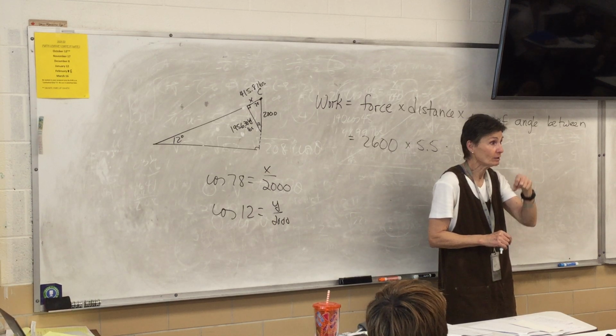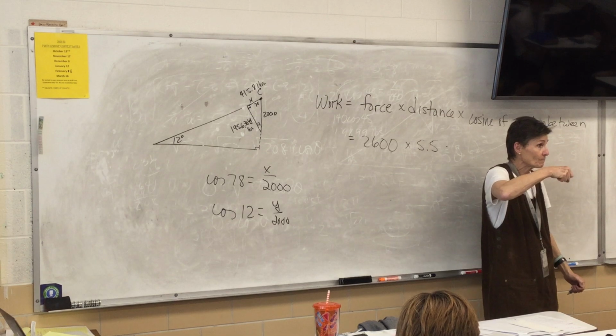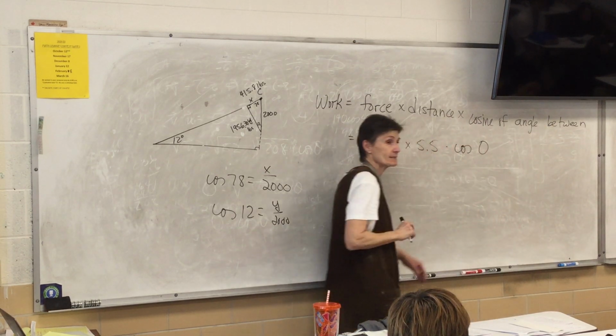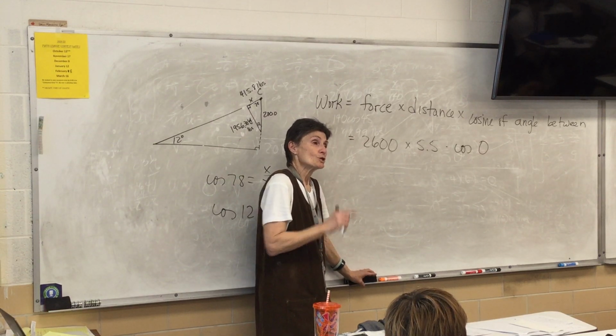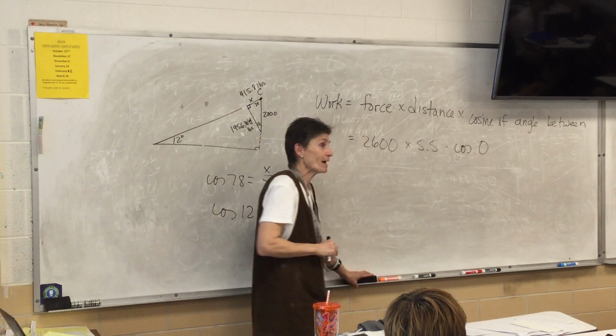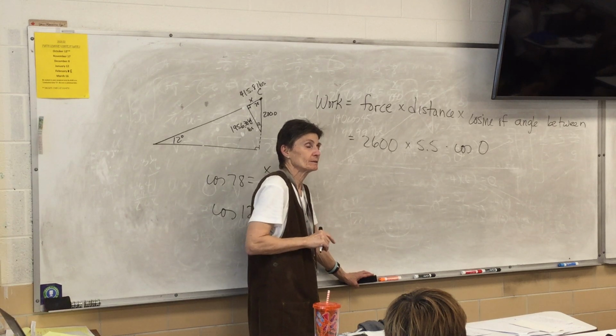Aren't they both vertical? Isn't the force vertical and the distance vertical? So that's the cosine of 0. What's the cosine of 0? 1. Cosine of 0 is 1. So, if the force and the distance happen to be in the same direction, then you don't worry about the angle. The angle's not important.